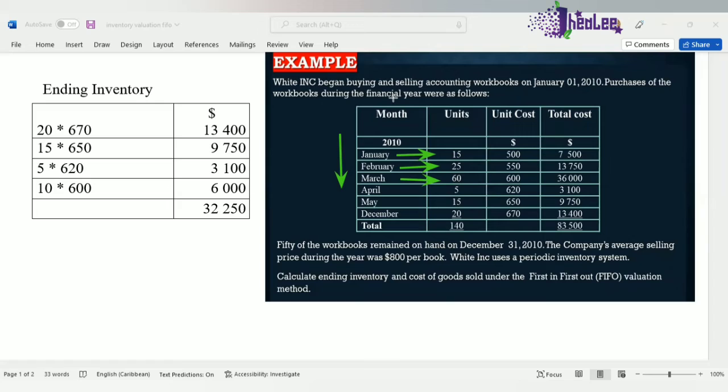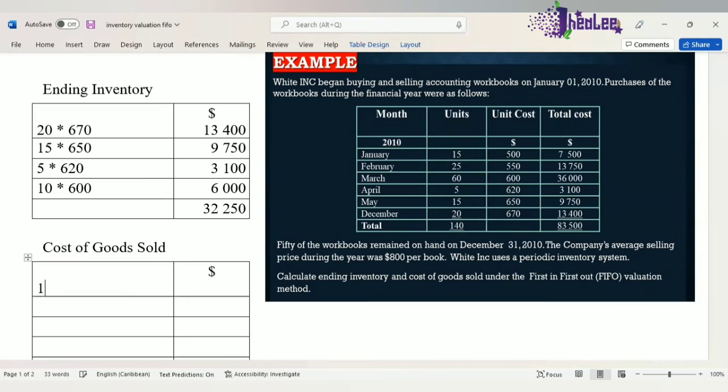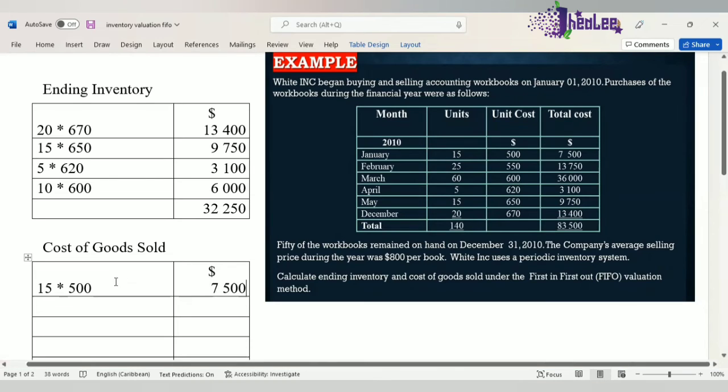So with that information, let us now do our calculation, and we are calculating the cost of goods sold. That would be the 15 multiplied by the 500, and that gives us a value of 7,500. We're starting from the top because we're using the first in, first out, so you sell from what comes into the business first.